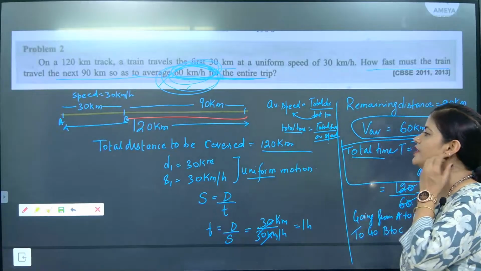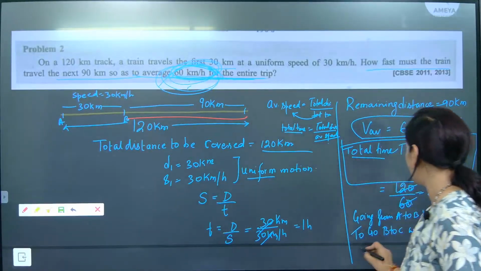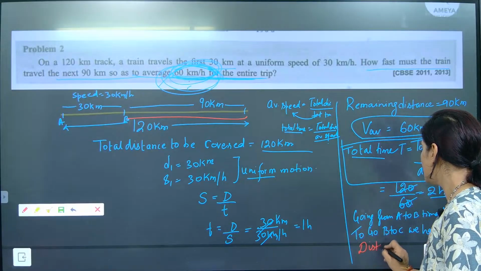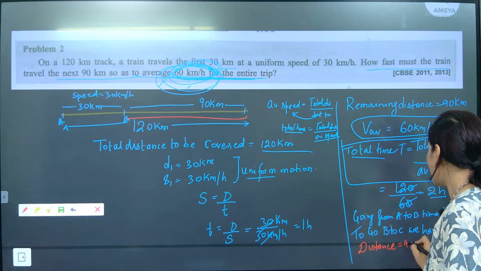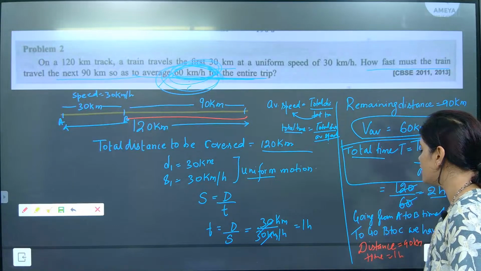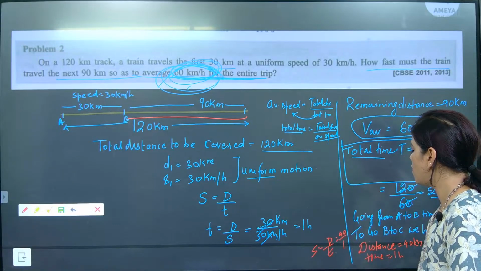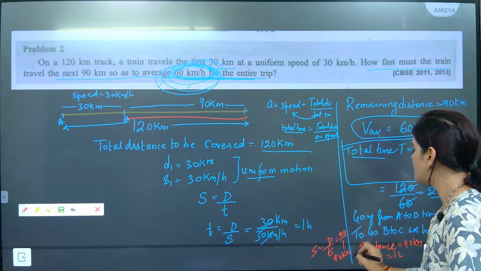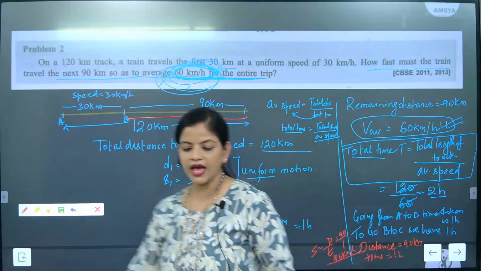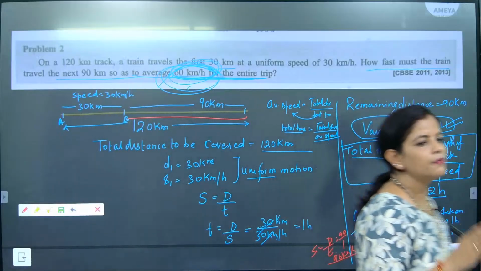Because the distance left to cover is 90 kilometer, and the time you have is 1 hour. So what should be the speed? Distance by time, 90 by 1. So it will become 90 kilometer per hour. Bingo. We have to go with the speed of 90 kilometer per hour.